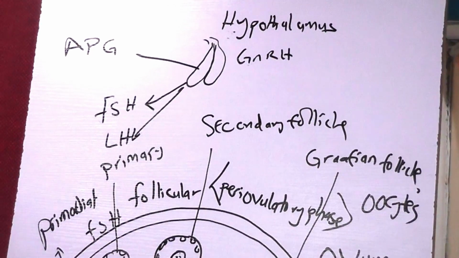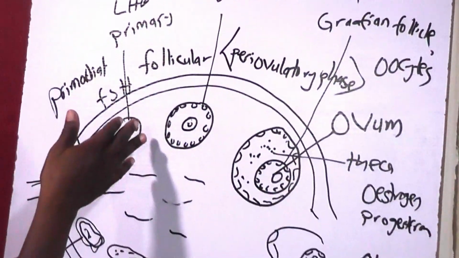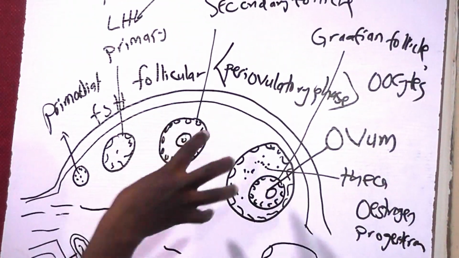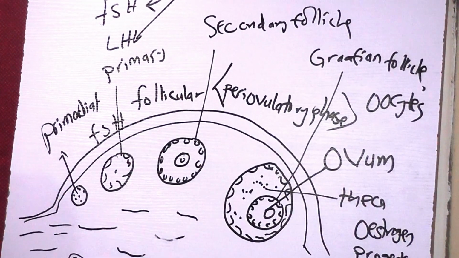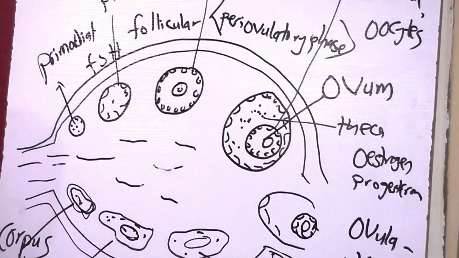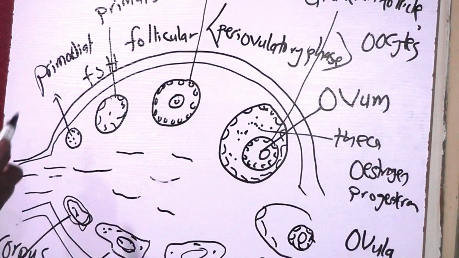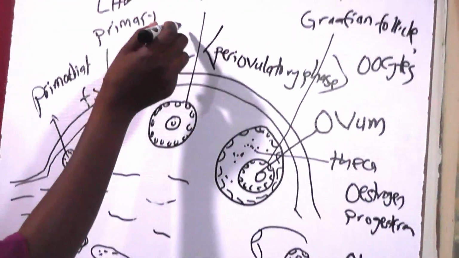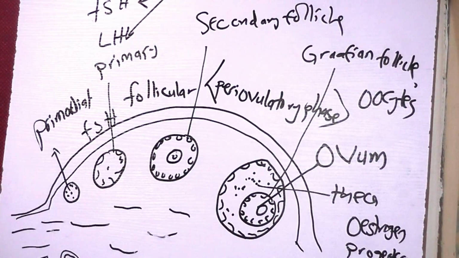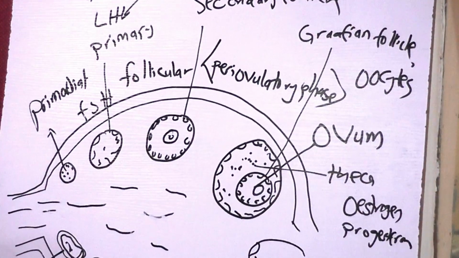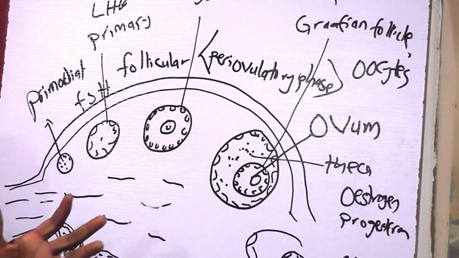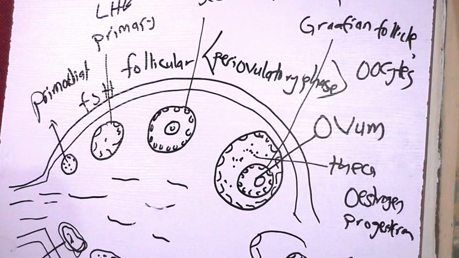It begins again. We have the formation of the follicles, the development, and then the matured follicle will be formed, and that's how the cycle continues. Now, looking at the follicular phase, which is mainly controlled by the follicle stimulating hormone, we want to relate it with the ovarian cycle, because the ovarian cycle and the menstrual cycle occur concurrently.